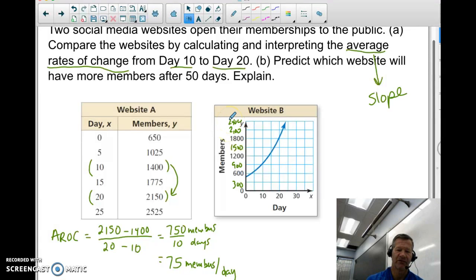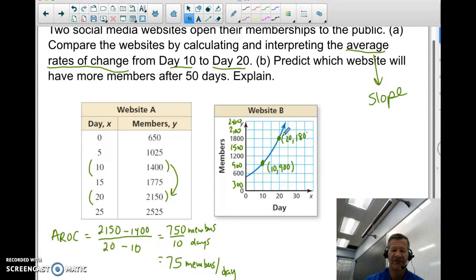Next one would be 2400 at the top. So this point right here represents the ordered pair 10, 900. And since we want the average rate of change from 10 to 20, we want to mark that. This point appears to be right at about 20, 1800.